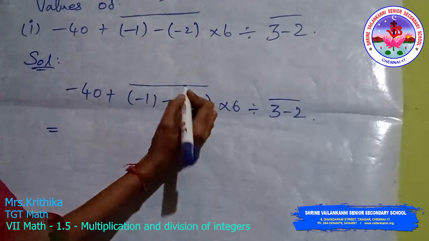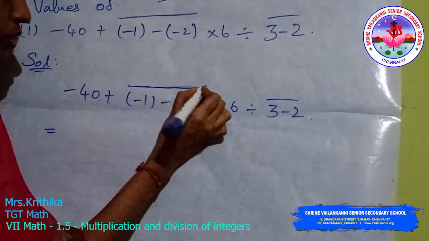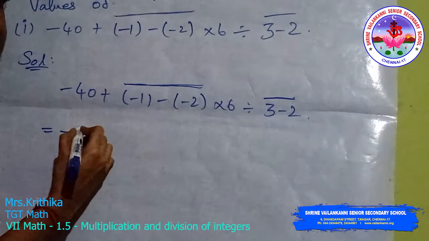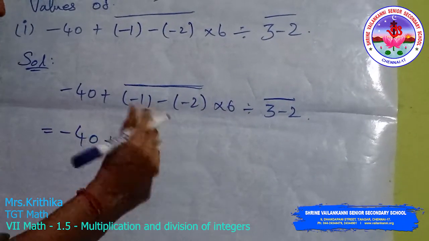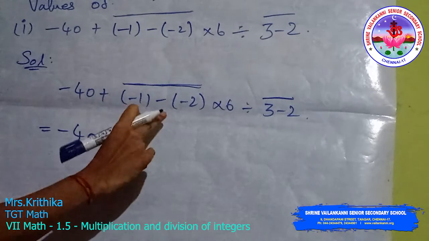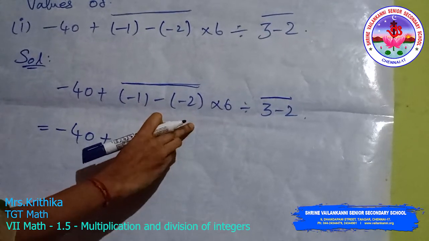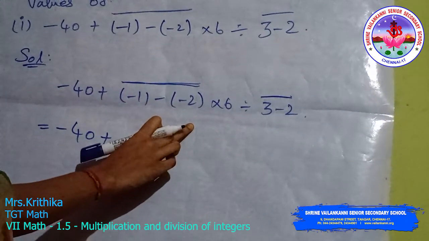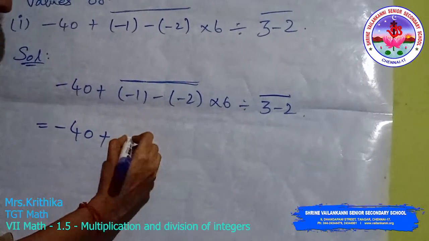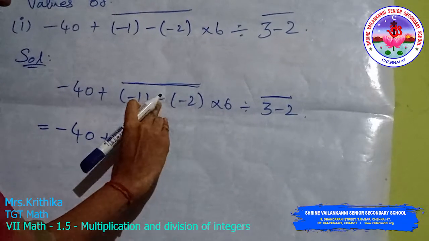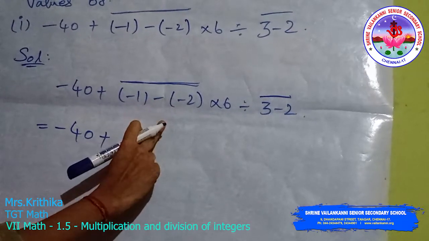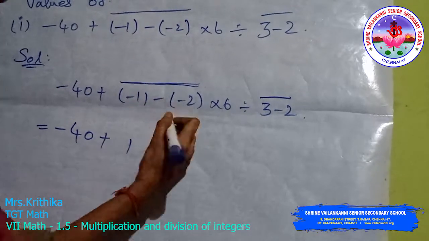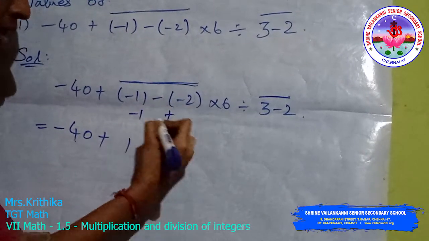First solve the bar values. Minus 40 plus minus 1 minus of minus 2. The answer is 1. Minus into minus is plus, minus 1 plus 2.